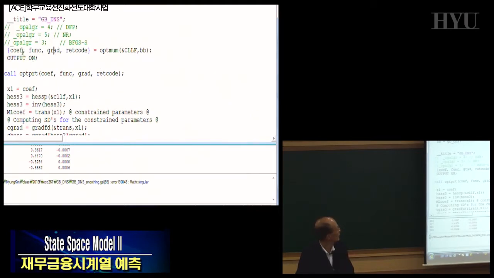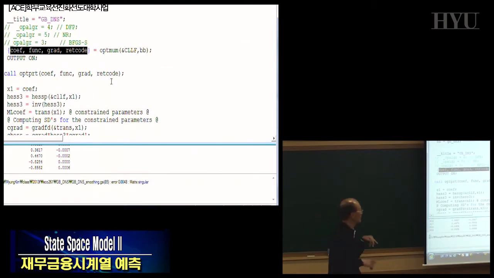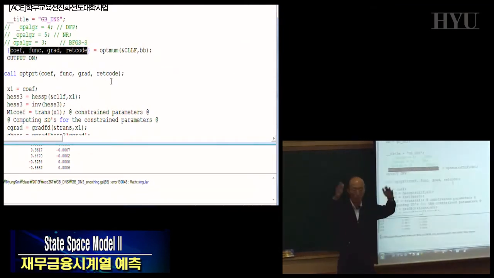And then this is the Gauss function. We can call it. And if you type call OPT-PRT, and then this one, it will print on the screen in a more readable form.